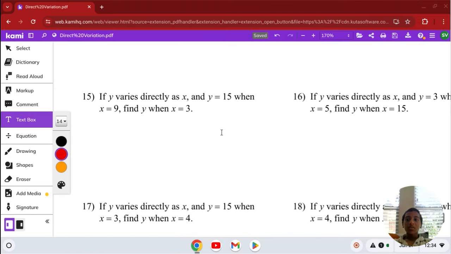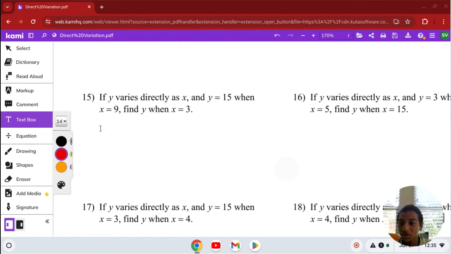Here, if y varies directly as x, y equals 15 when x equals 9. Find y when x equals 3. What do you do to get from 9 to 3? You either divide by 3 or multiply by 1/3. Let's divide by 3 because that's easier.